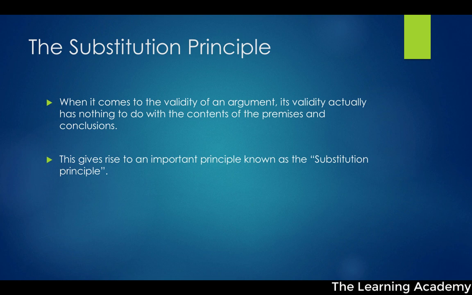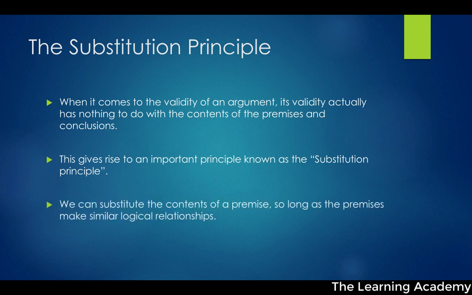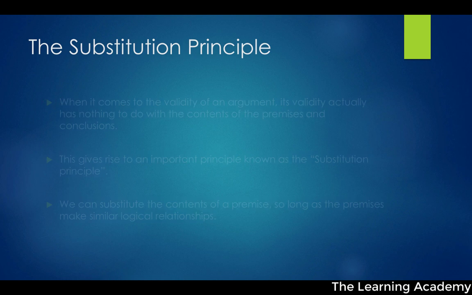And this gives rise to an important principle. We call it the substitution principle. It basically means we can substitute the contents of a premise so long as the premises still have the same logical relationship. The contents, what we're actually talking about, may be different, but the argument is still just as valid, for the exact same reasons as the previous argument.